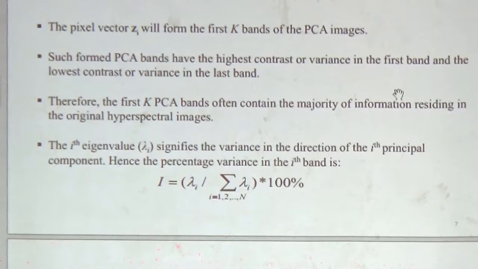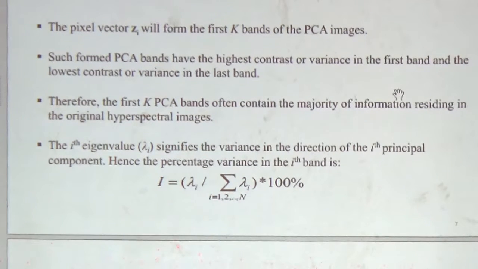So these eigenvalues are actually linked to the amount of variance in the bands. I can compute this factor, the percentage variance in the ith band, by looking at this ratio. Suppose I want to compute the percentage variance in the first band, then I will do lambda 1 divided by the summation of all eigenvalues, into 100.